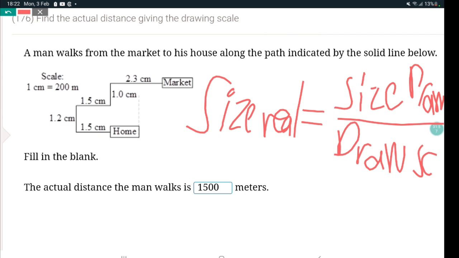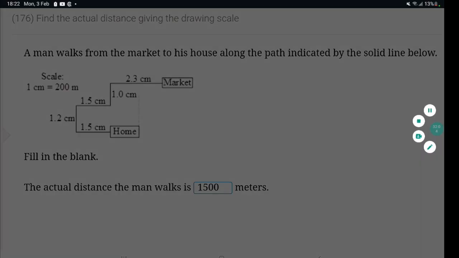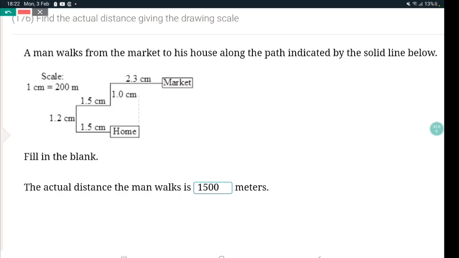Now, I'm sure most of us know what distance means. It's going to be the sum of the length of the path that the person took. This is the path. It's going to be the length of all of it together. Okay.